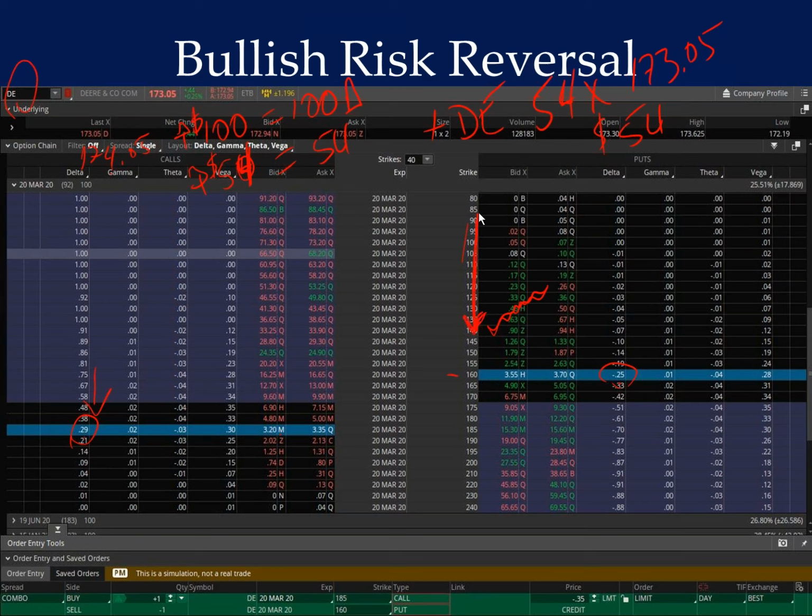So I've got a bearish position in Boeing, and it's gone down. Now it's starting to trickle back up. I still believe it's going to go down, but maybe I was worried about wanting to limit some of my risk to the upside, and I could put on this bullish risk reversal, okay?